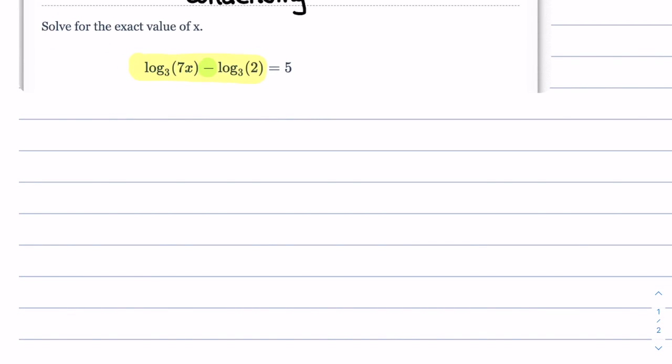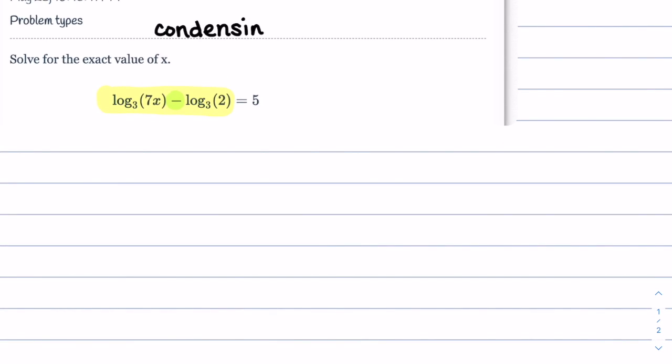So let me go back real quick. So we have subtraction between two logs. So that is telling me the property where we have log of a minus log of b. Another way to say that is just log of a over b. So remember, we said division inside of a log turns into subtraction between two logs.